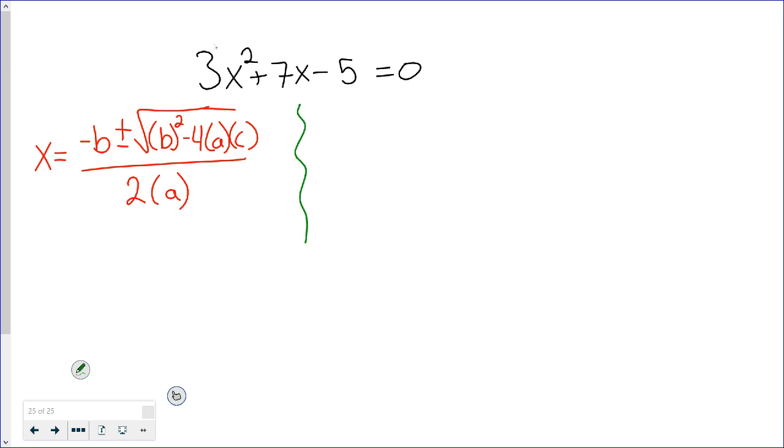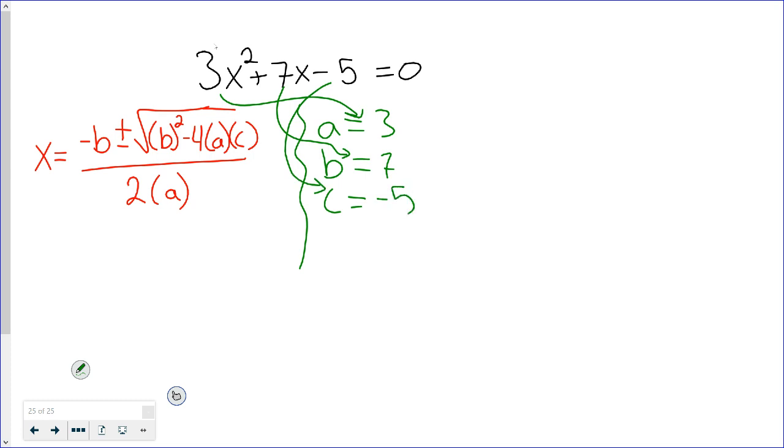So if I do this, my a value here is 3. My b value, 7. And my c value, -5. We just grab from each of those. It goes in order. Whatever's with x squared is my a. Whatever's with my x is my b. Whatever's by itself at the end, in this case, is my c value.